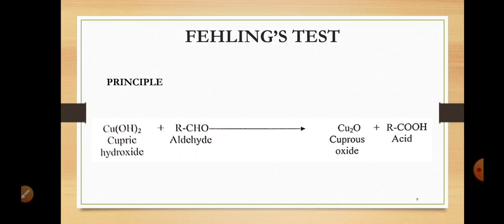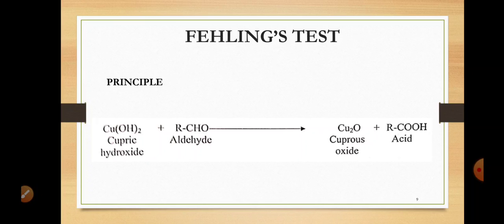The reducing carbohydrates can be detected by several tests based on the reduction of certain metal ions like copper, iron, bismuth, mercury, etc. The copper sulfate present in Fehling's reagent hydrolyzes itself to give cupric hydroxide, and this cupric hydroxide is further reduced to cuprous oxide when it is treated with the reducing carbohydrate. That is what the principle here refers to.